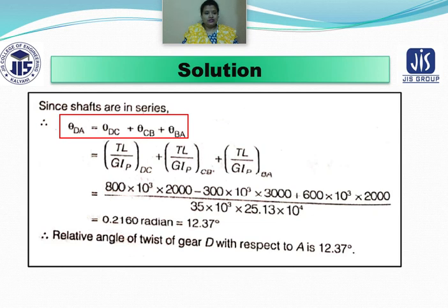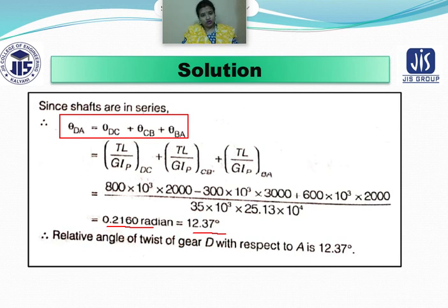That means the angle of twist for the entire shaft AD is equal to the angle of twist for the DC portion of the bar plus that for the CB portion plus that for the BA portion. So you are separately finding it and making a summation. And finally you get the result, that is 0.2160 radian. If you convert it into degree, the value of theta will be 12.37 degree.